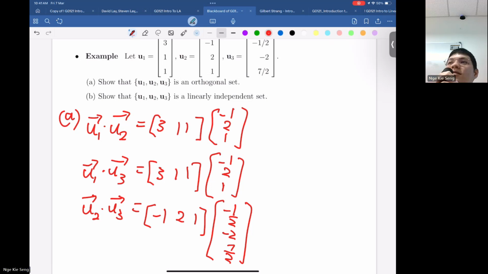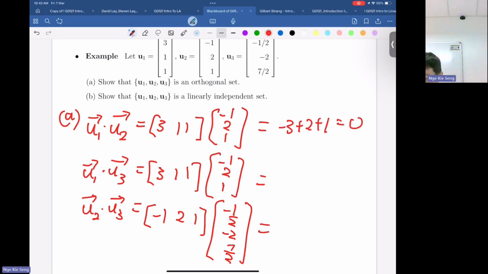Okay. Did you guys see 0 in all cases? For the first case, you get -3 plus 2 plus 1, so you get 0. And the second case is the same. So this is -1/2, -2, and 7.